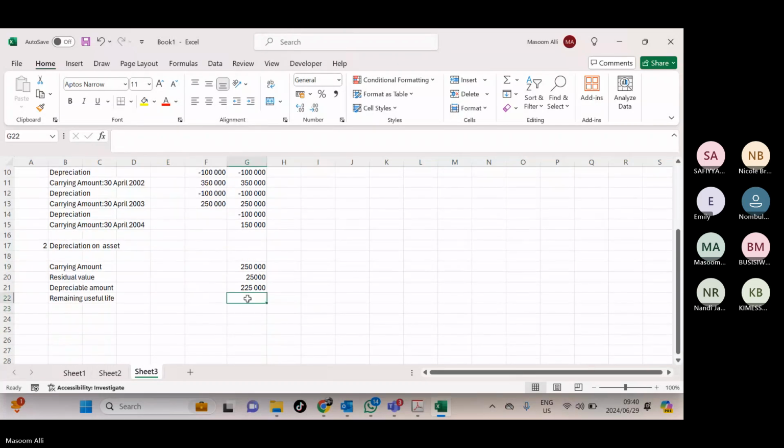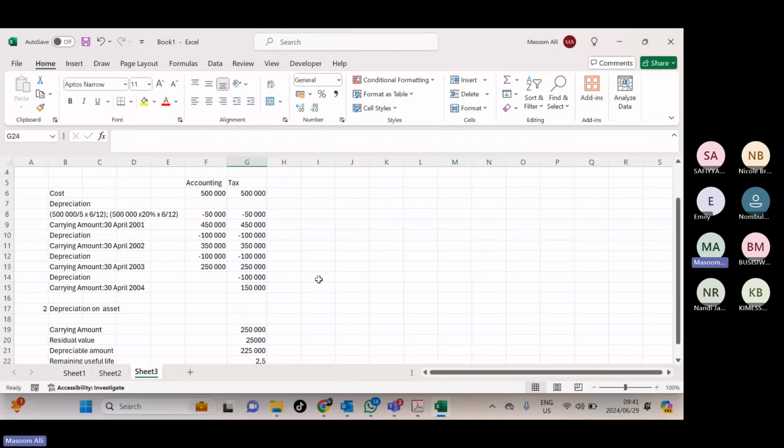So 2.5, and then depreciation for the year. Right, and that's going to be quite simply this divided by that, and that's going to be 90,000, right? So then we're going to say 90, and then is equal to this plus.